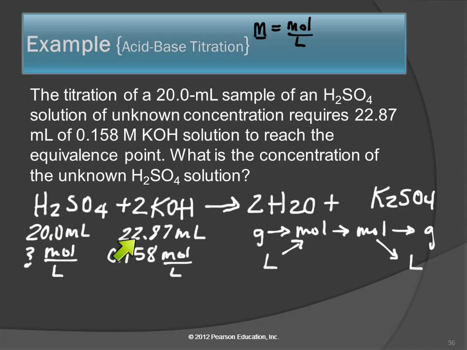We're going to start with the KOH. So we'll go with liters of KOH to moles of KOH, because we've got the molarity here. From moles of KOH to moles of sulfuric acid. But then we don't want either of these, do we? We want molarity.